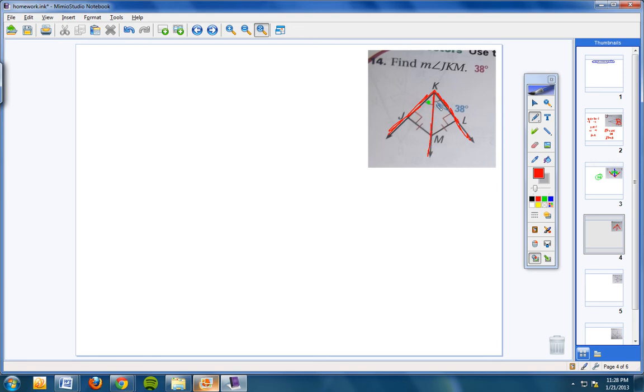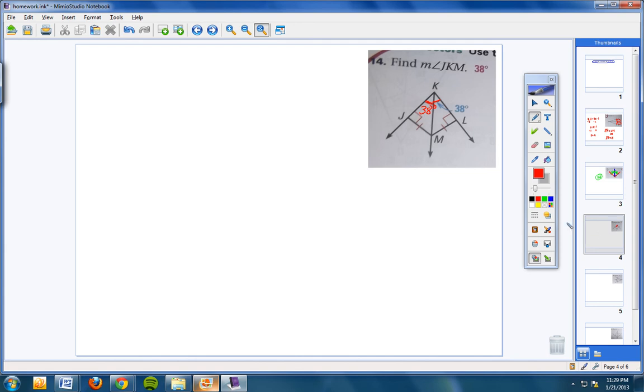I know that because of the symbols, but also look at this segment here congruent to this segment here. So if that's the case, I have to have congruent angles. So if this little angle right here is 38 degrees, then this angle right here also has to be 38 degrees. Okay? Alright, so there we are.